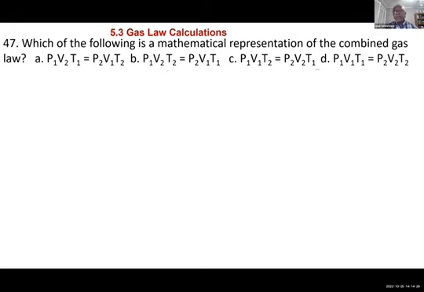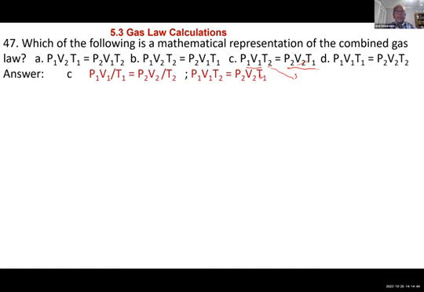This is the correct answer. Because when you take this T2 down and T1 down, you get the original equation. Therefore, answer is C. So this could be rearranged to this equation, which is given in choice C. Equivalent mathematical expression.